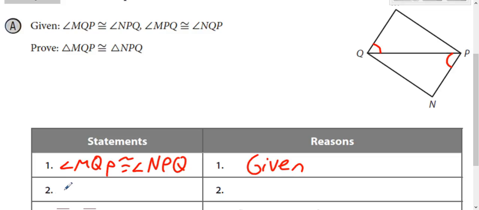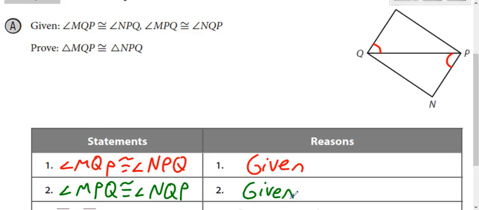Then we have another given statement, angle MPQ is congruent to angle NQP. That was also given. Since those are different angles, we have to mark them differently, so we're going to use two arcs when we mark it this time. MPQ, two arcs. NQP, two arcs, just so we can tell them apart.